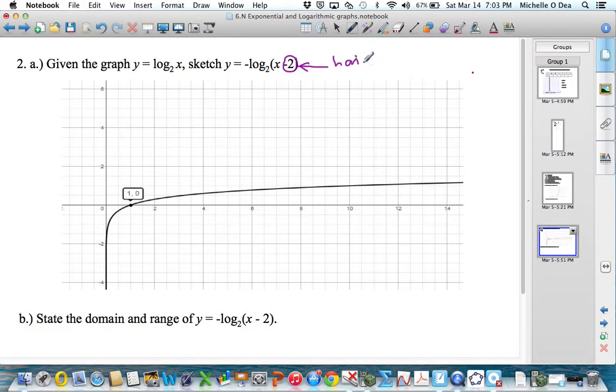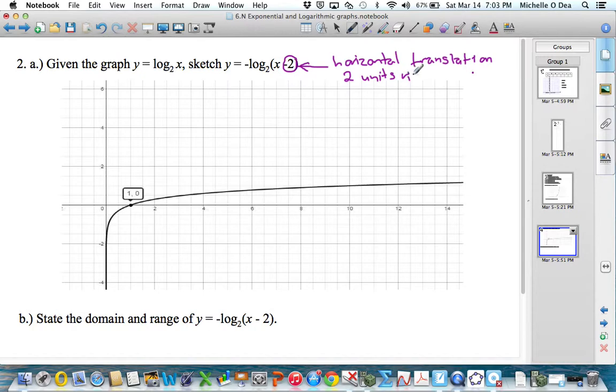And whenever it's plus or minus, it's always a translation. So it's a horizontal translation. And remember, when it's a horizontal translation, it always behaves opposite to what we think. So it's quite normal to think that that would move to the left, but it actually moves to the right. So it's a horizontal translation, 2 units right.